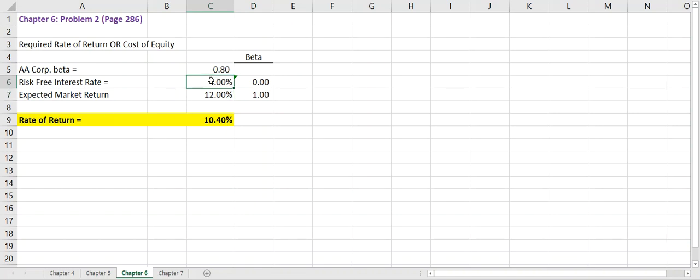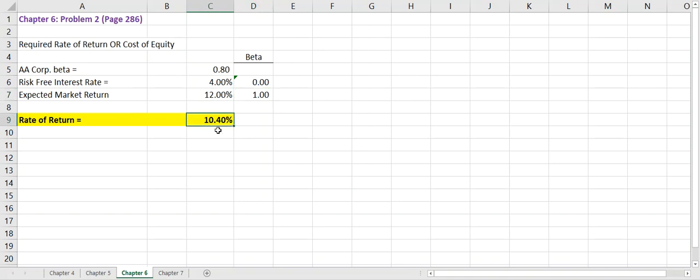The risk-free rate in the United States market is the 10-year United States Treasury note. Right now, it's currently about 1.8%. It changes every day. So what is the rate of return if we want to invest and own stock in a company with a beta of 0.8 in a market of 4% for risk-free and 12% for average beta?